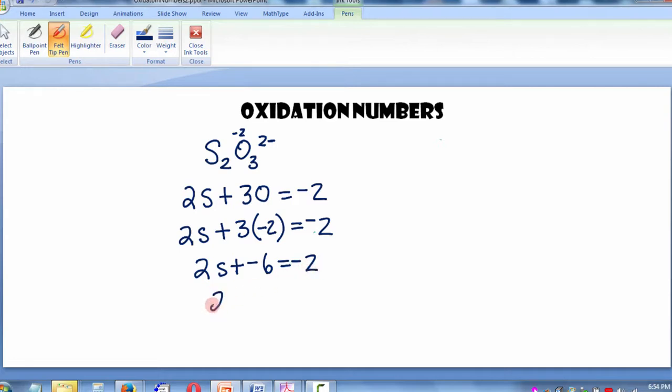And we have 2 sulfurs equals a +4 now. Move 6 over here, and 6 minus a 2 gives us a plus 4. So divide both sides by 2. The oxidation state of sulfur in S2O3 2- is a plus 2.